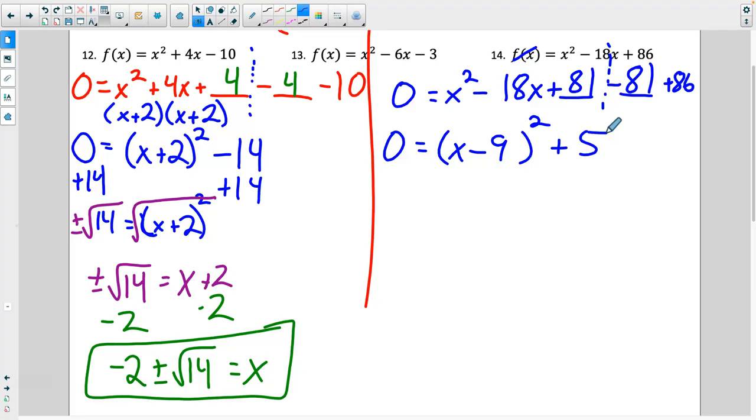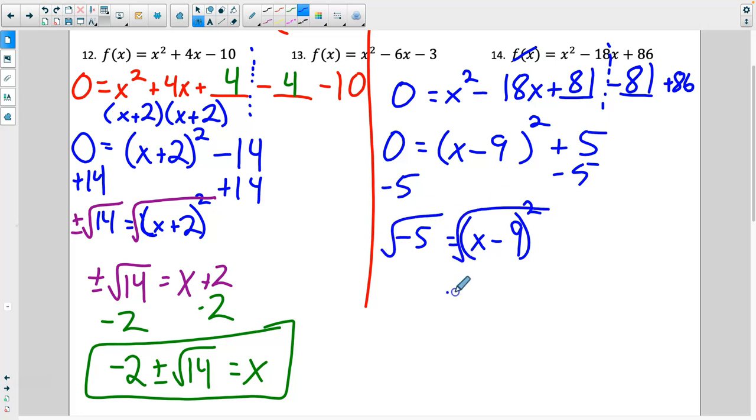Go ahead, solve it. What do I get on the left side over here when I take that square root?